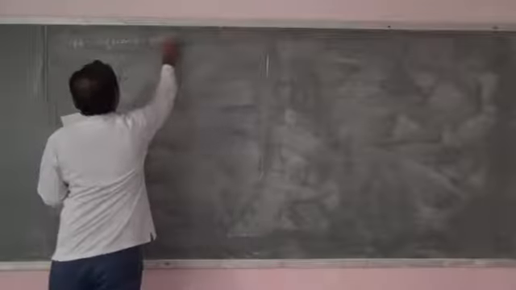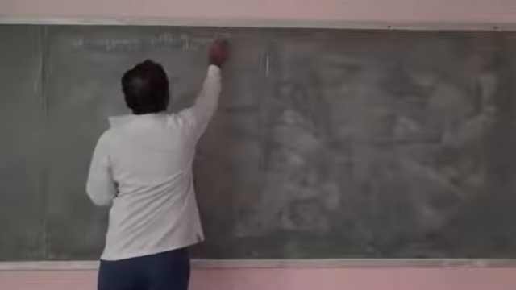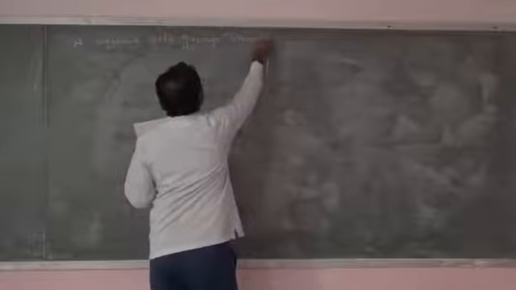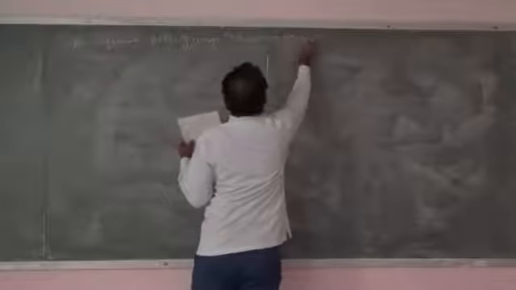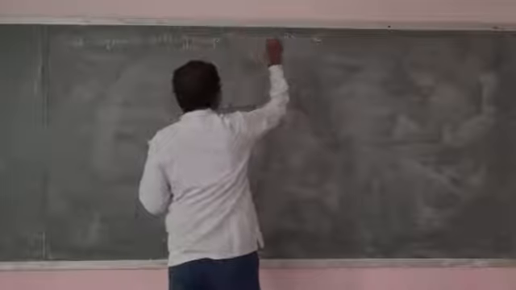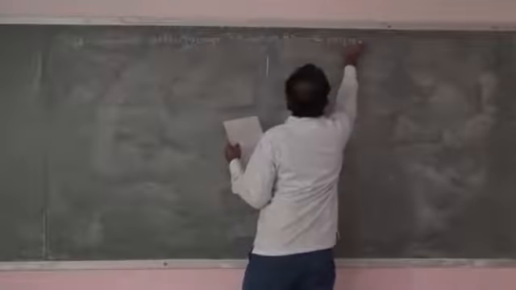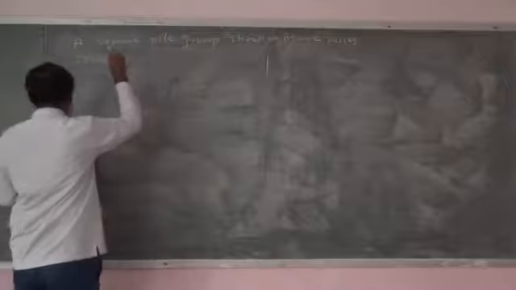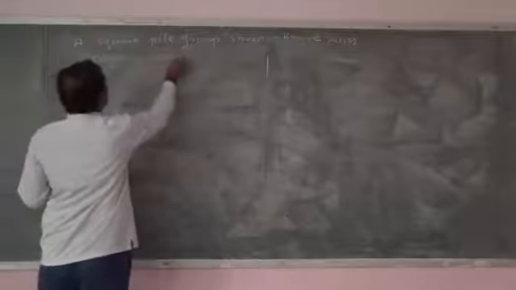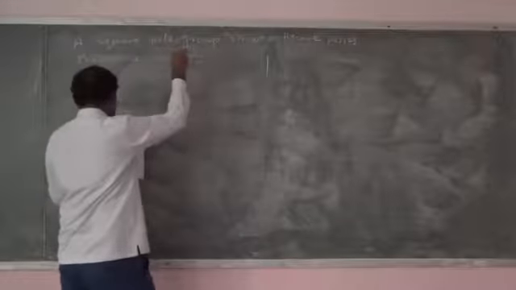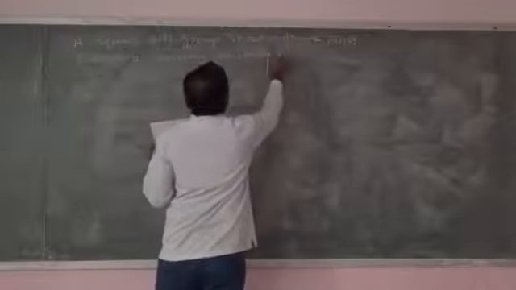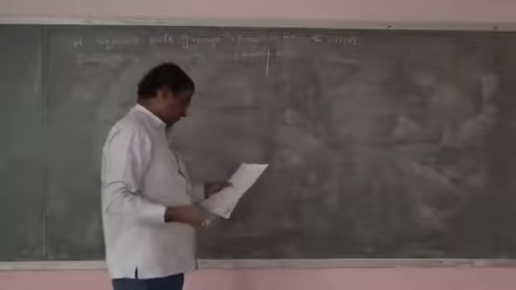A square pile group shown in figure passes through a recently constructed fill.